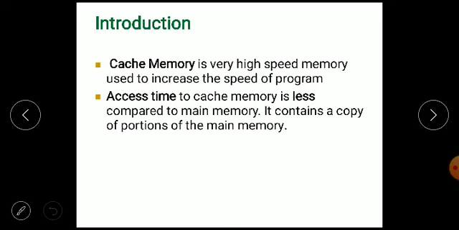In the main memory, the entire program will be there, and the current part of the program which is being executed will be loaded into the cache memory. So a small portion of the program is stored in the cache memory.